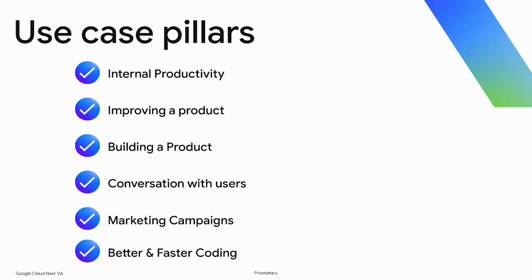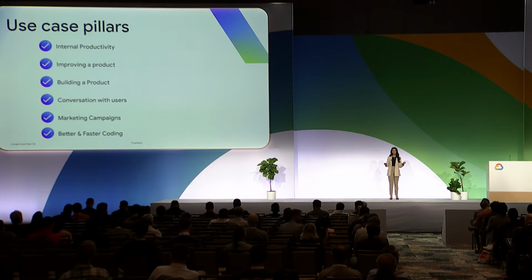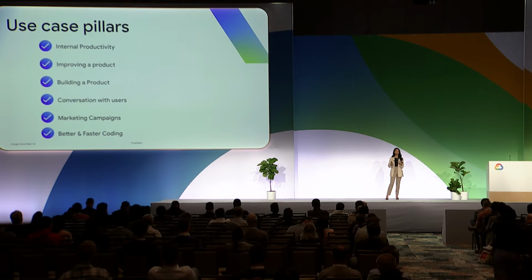These middle 3, I think, are key in the startup and small business world from my experience, right? Improving a product, building a product, or having conversation with users. And this is about, if AI is at the core of your business, then you really want to improve the product so it's serving your customers better. Or maybe you want to build a brand new product.